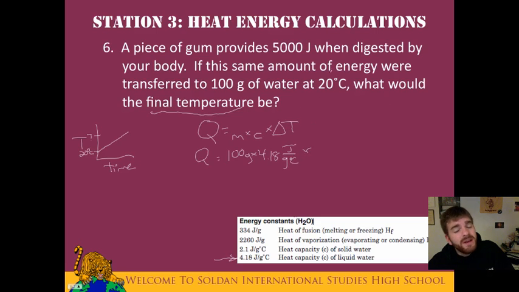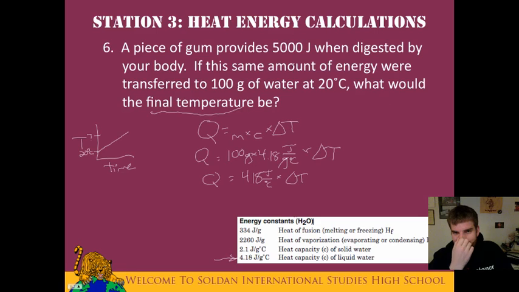Times delta T. We know it starts at 20, but we don't know what it goes to, so delta T. All right. 100 times 4.18. Look, I'm not going to fall for it. I'm going to do it in my head this time and get 418 joules per degree Celsius times delta T equals Q.